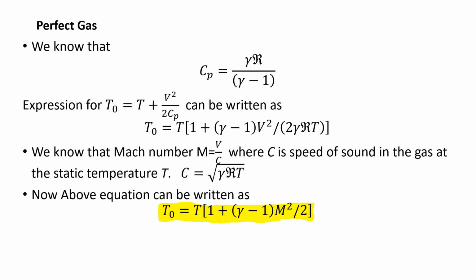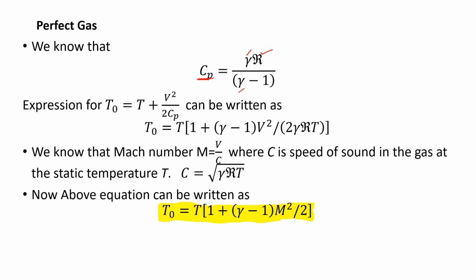Now let us substitute the values for Cp, and express in terms of Mach number. We know that specific heat at constant pressure can be written as gamma into gas constant divided by gamma minus 1.